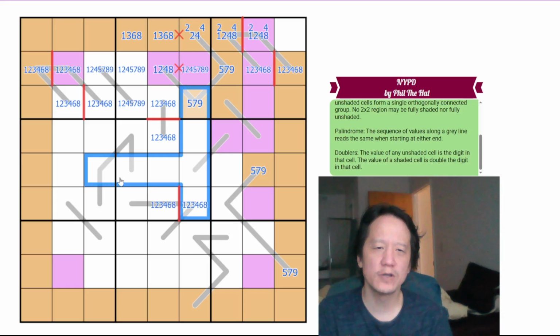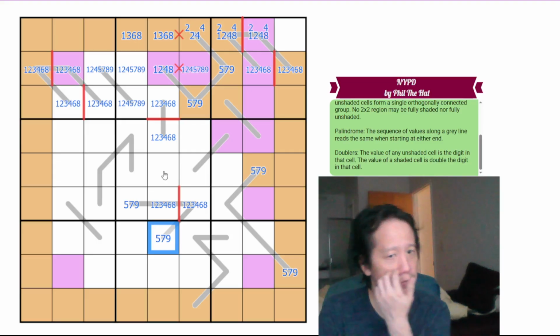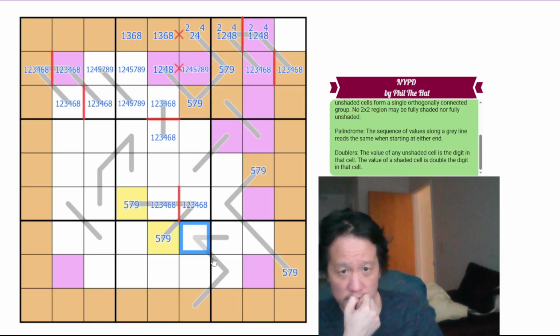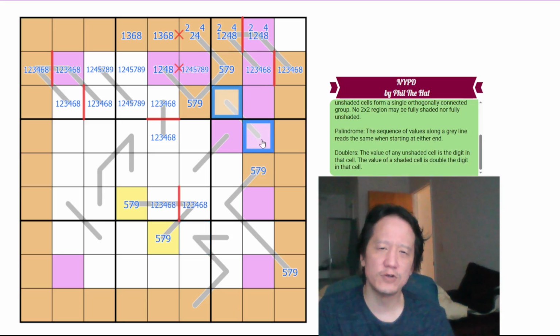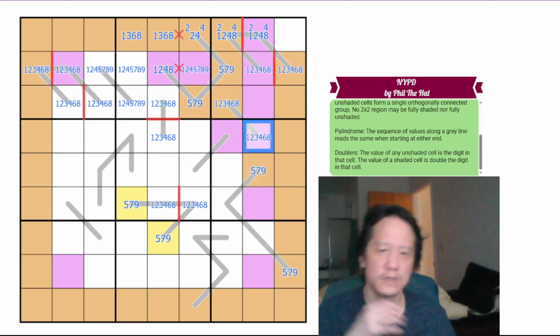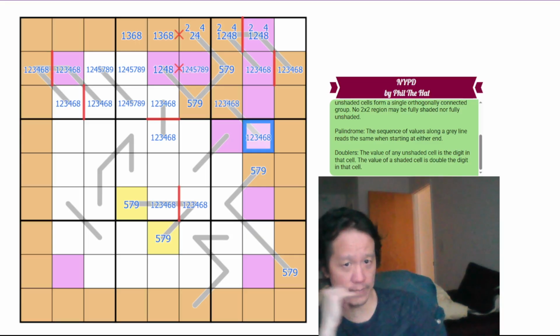Can't be here, can't be here, can't be here, so it must be here. So this is 579, this is 579, and they're the same coloring. Guess we'll make it yellow. This then must be a 1, 2, 3, 4, 6, 8, because they are one's double the other.